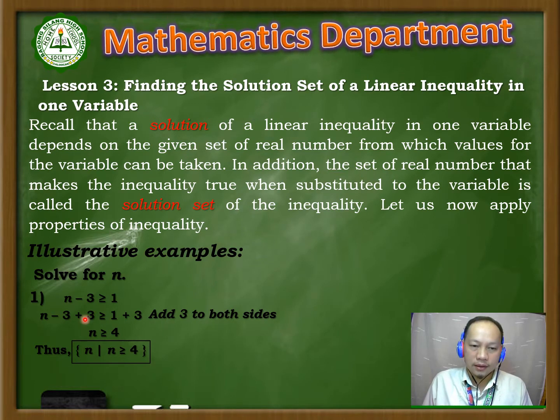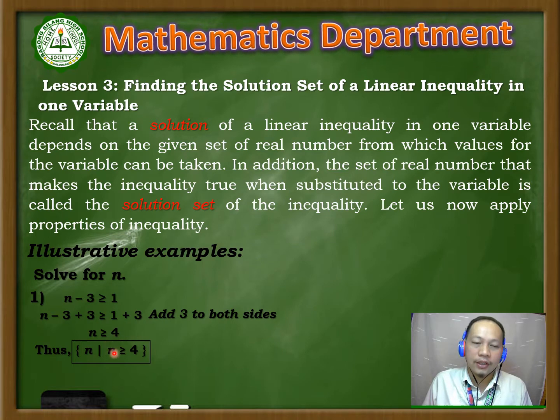So negative 3 plus 3, that's 0, meaning what remains on the left side of this inequality will be n. And simplifying 1 and 3 by addition of integers, we will arrive at n is greater than or equal to 4.